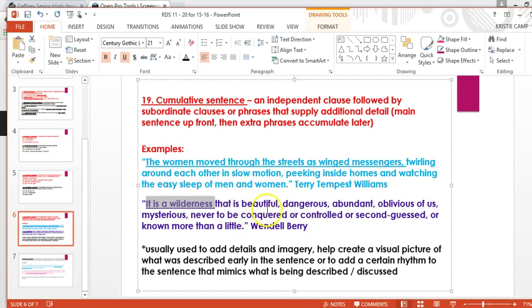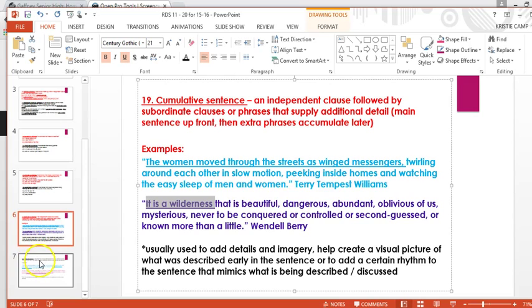In this instance, he's given adjectives to describe this wilderness. He adds it all on the end. Here we're getting some visual imagery of the women at the beginning of the sentence. Sometimes it's to create a certain rhythm. Maybe you want to replicate the rhythm of the women as they move, so you add the phrases on at the end.